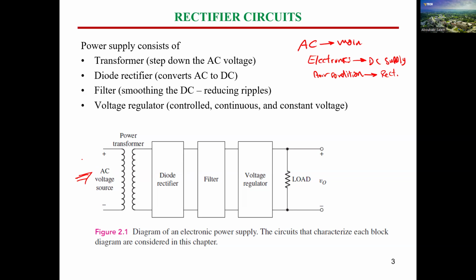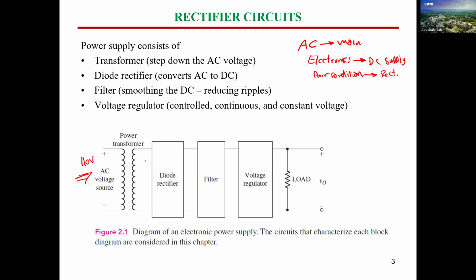Let's say, for instance, 110 volt AC. But all electronic components we use in small devices, like television or any electronic circuit you have at home, need a relatively small voltage. For instance, 5 volt, 12 volt at most.